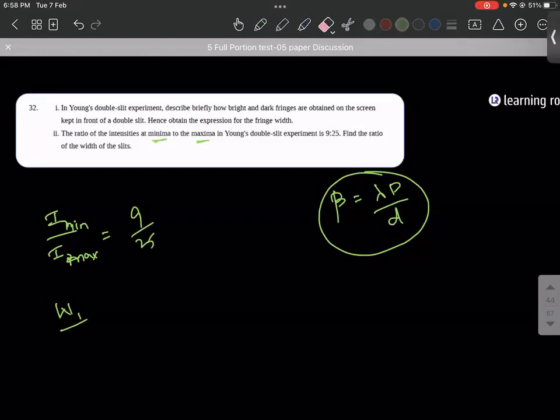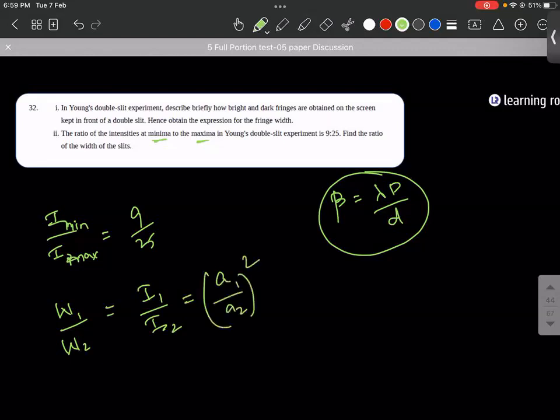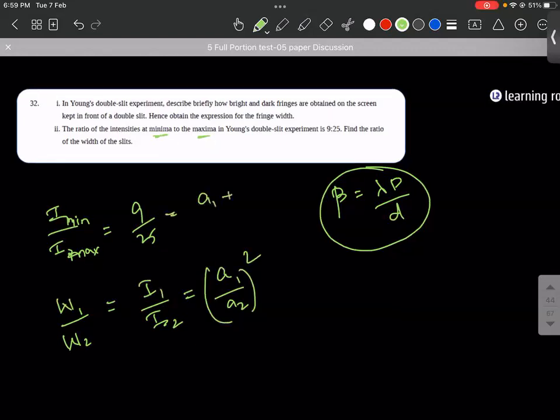So W1 by W2, the widths are directly proportional to the individual intensities, or they are directly equal to the individual amplitudes. So A1 by A2 the whole square. So I min, can I write it as A1 minus A2 the whole square? Sir, width will be equal to A1 by A2, right? Square, and root of I1 by root of I2.